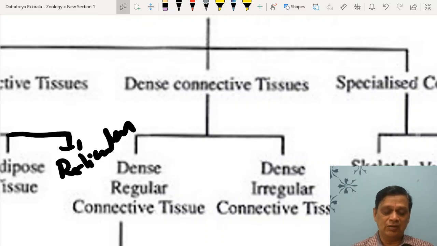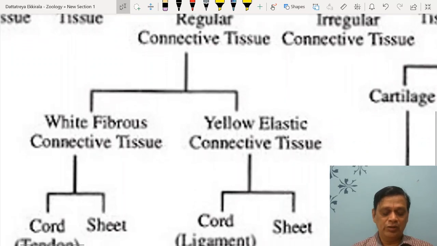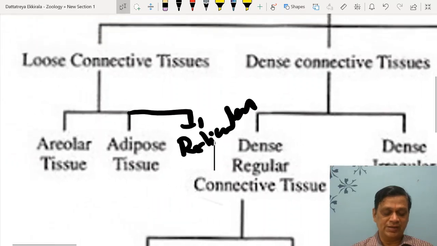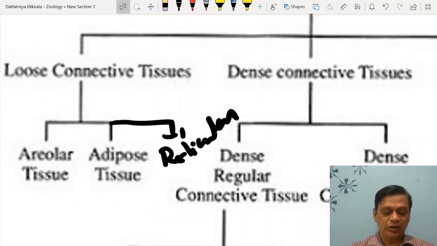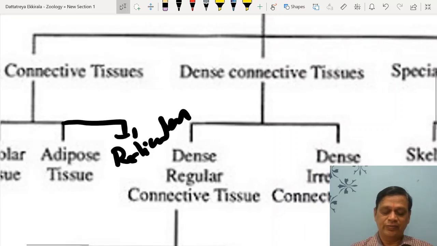Then we can also have white fibers or yellow fibers. Yellow elastic connective tissue is present in certain places. So areolar, adipose, reticular are the three basic types of loose tissue, because fluid is more and fibers are less. In dense connective tissue, another simple way is to say dense regular, dense irregular, and simply also elastic tissue. So like this, three types.